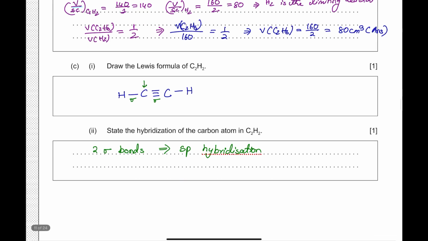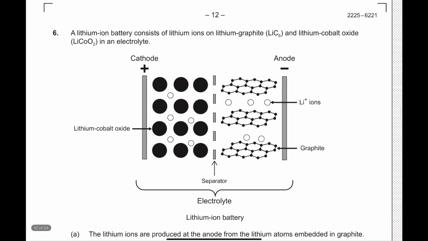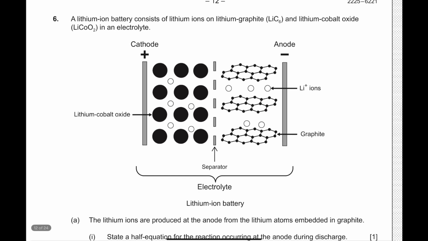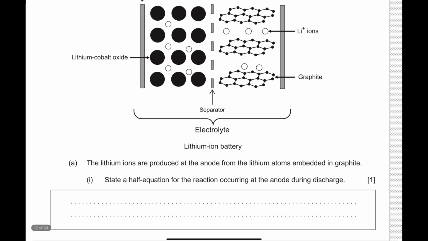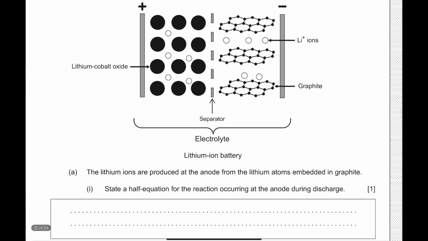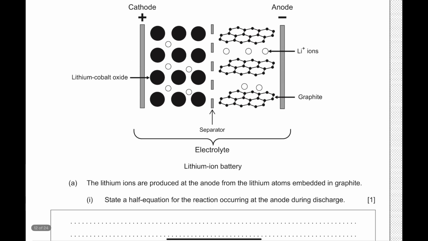Okay, and then we move on to the next question. We have a lithium-ion battery consisting of lithium in graphite, LiC6, and lithium cobalt oxide, LiCoO2. The lithium ions are produced at the anode from lithium atoms embedded in graphite. We have to state a half equation for the reaction occurring at the anode during discharge, right? So at the anode, lithium gets oxidized to Li+.